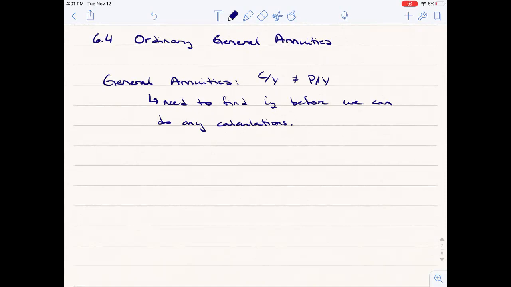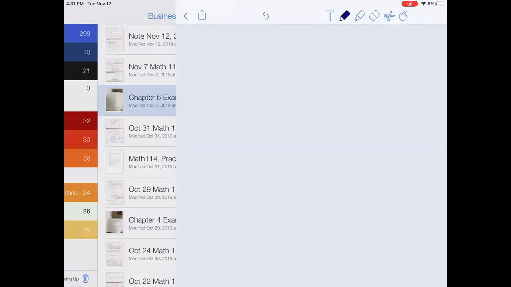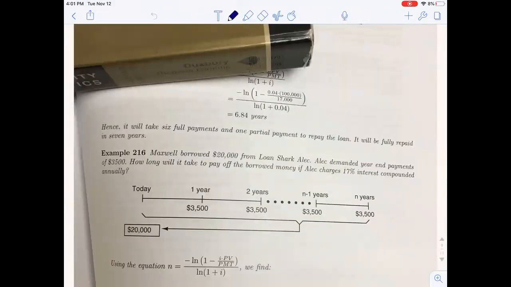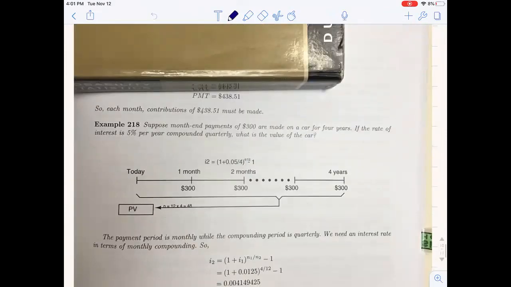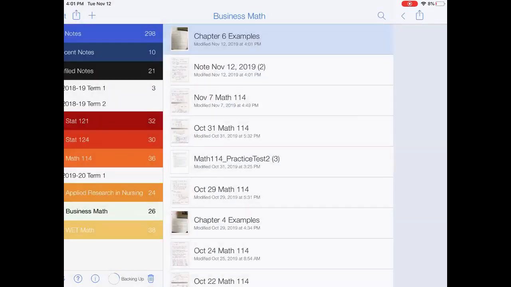All right. So let's get right into an example because there's nothing new here, right? It's just that additional first step of finding I2 is really important. So example 218.